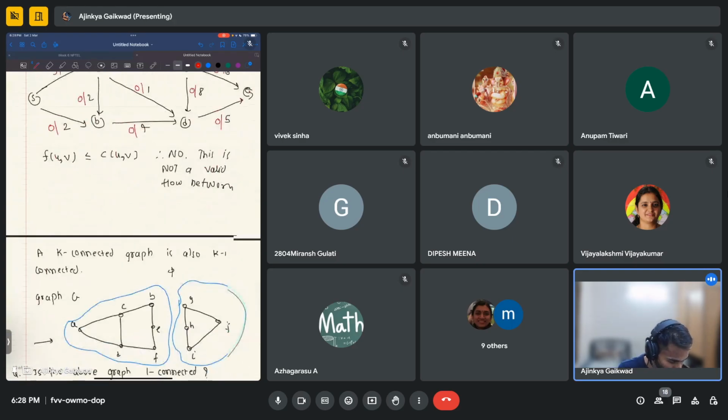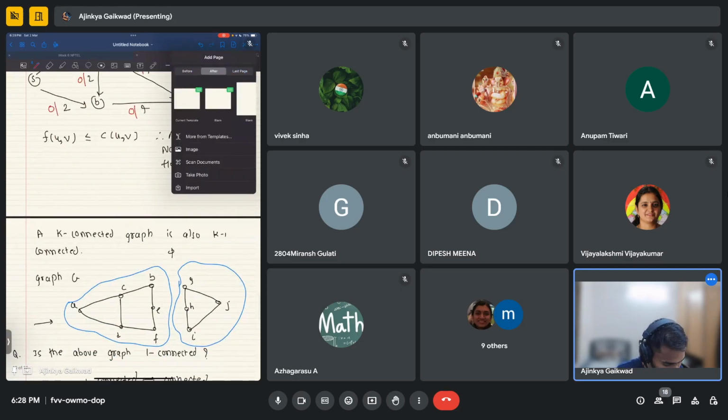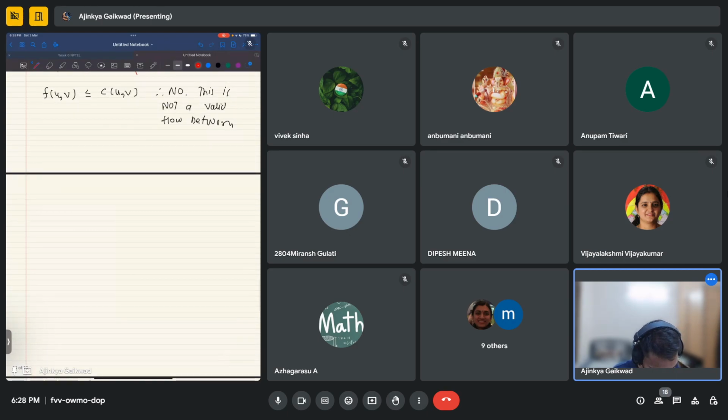So let me give you one more question, and we'll see whether that is a valid flow. So this first property, I hope this is clear. The flow inside an edge should be at most its capacity. Okay.